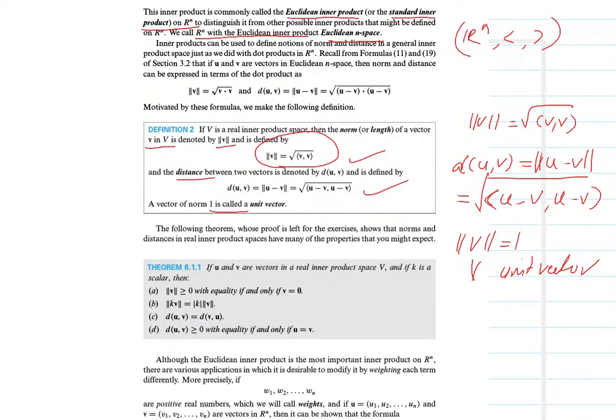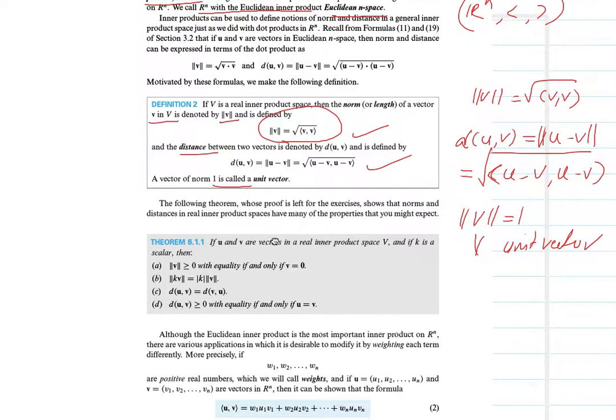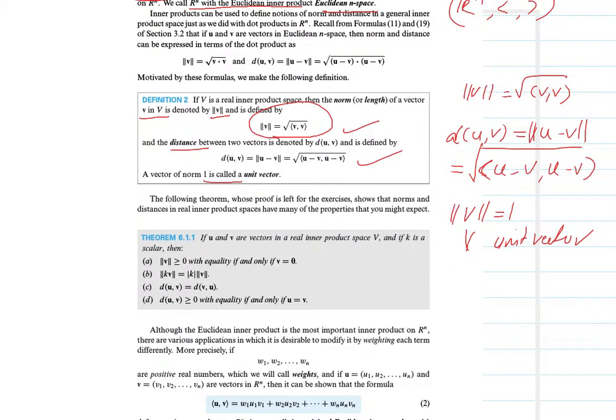Now we have one theorem. Theorem 6.1. If u and v are vectors in a real inner product space V and k is a scalar, then we have these four conditions. First one is norm V greater than or equal to 0. That we can prove.